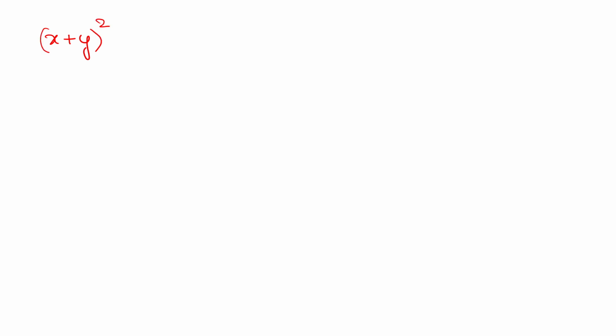Sometimes they will give you a product of two expressions. When they give you a product of two expressions, check the first two terms, are they equal, and check the next two terms. If they are equal and also the sign is the same, then you have to go for the first identity, which is x plus y whole square equals x square plus 2xy plus y square.